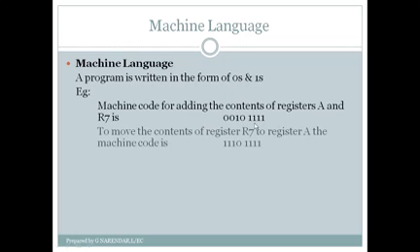And similarly, we look at one more example of how the machine code will differ when we write one more different instruction. So here we have a certain 8-bit number in R7 register, and we want to move that number, 1 byte of data.